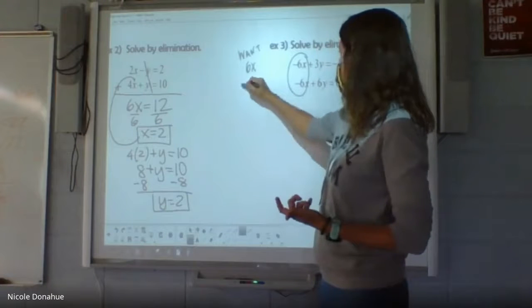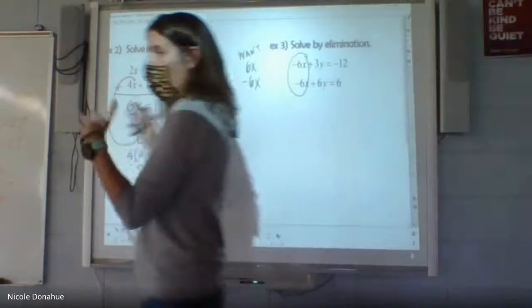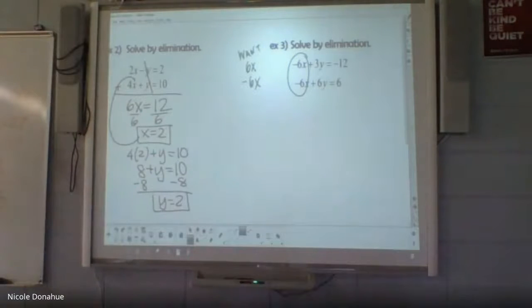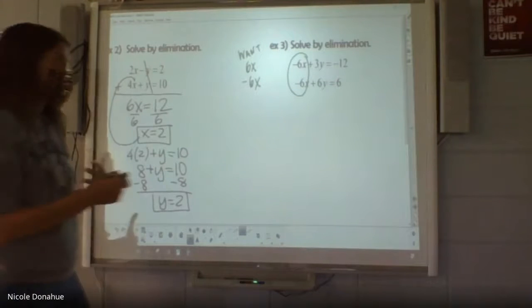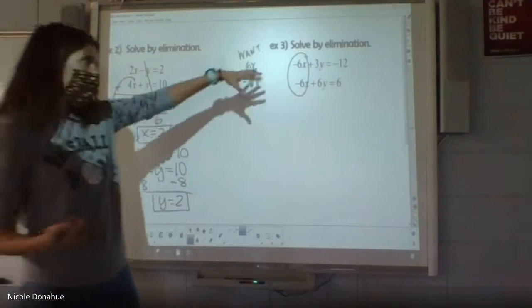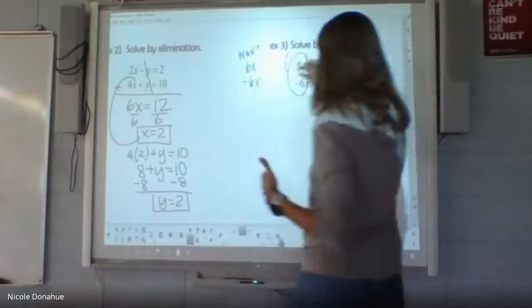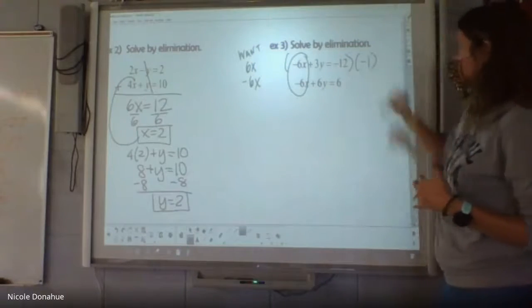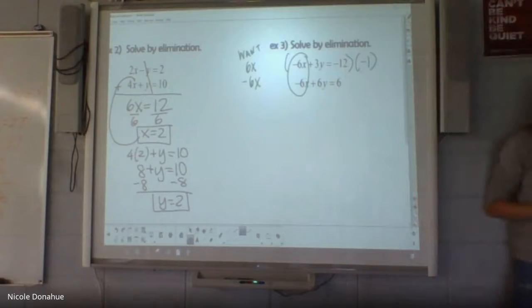I guess it doesn't really matter, but we want a positive and negative 6x. So why not multiply one of them by -1? That would change that sign. So we're going to multiply, I'll say the top one, by -1. Does everyone understand how we chose that? Makes sense?